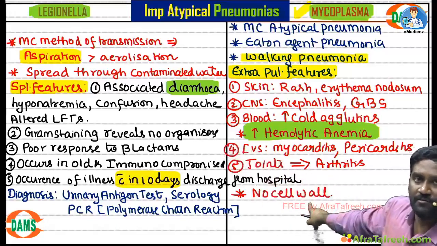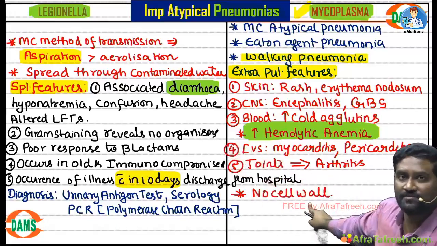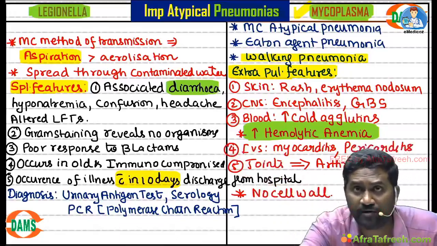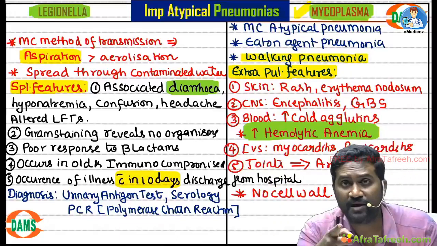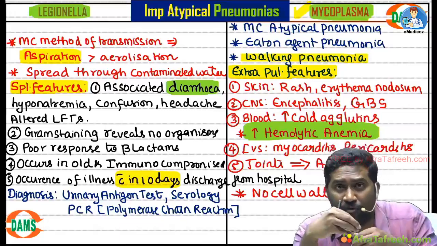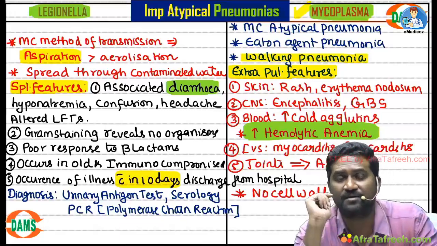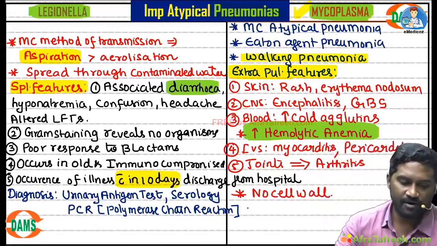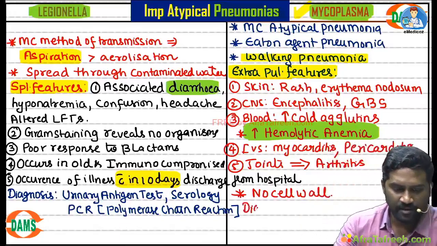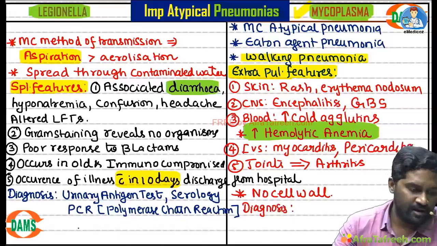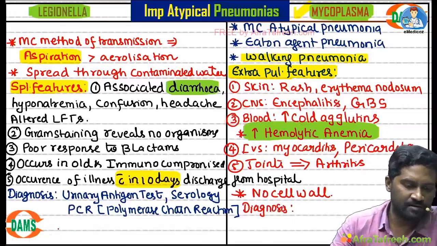Commonly given antibiotics called beta-lactams will not work, because beta-lactams require cell wall binding proteins to exert their function. For diagnosis in mycoplasma, you cannot do gram staining and culture will be delayed, not reliable.